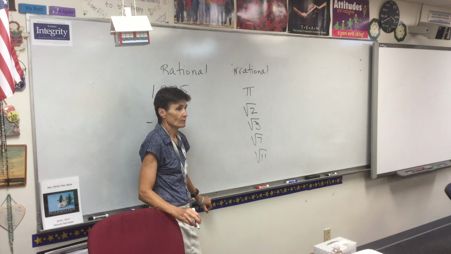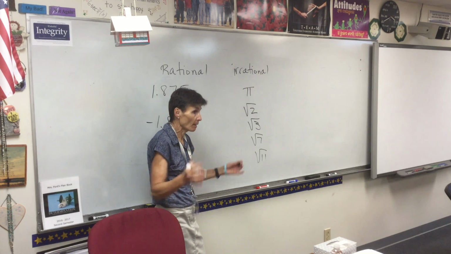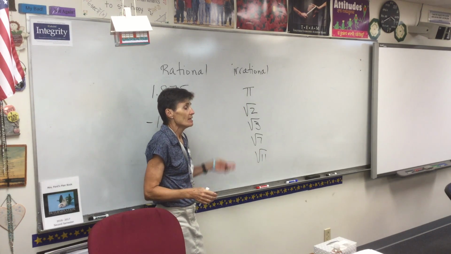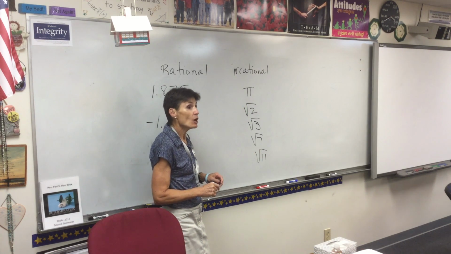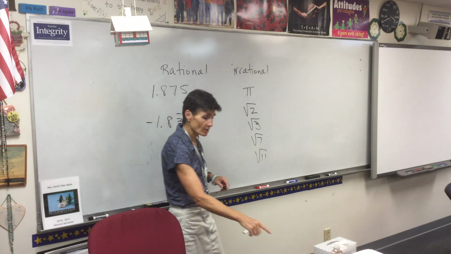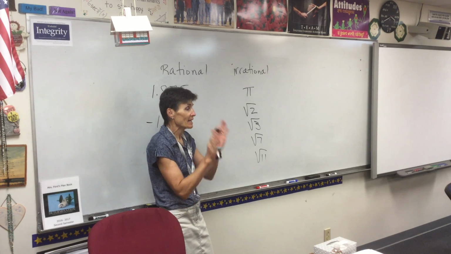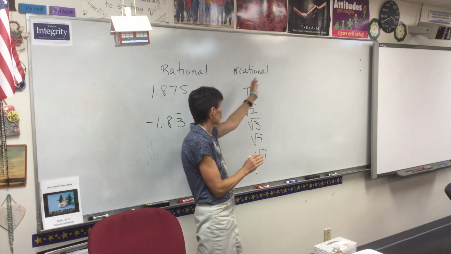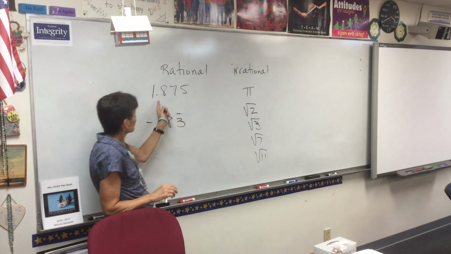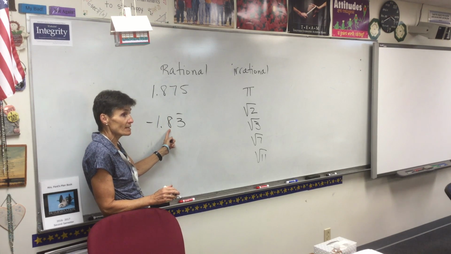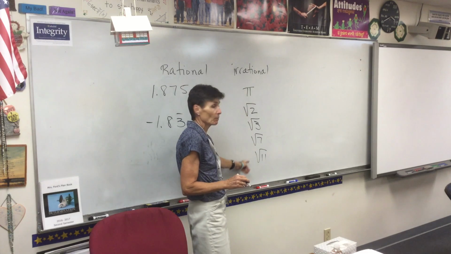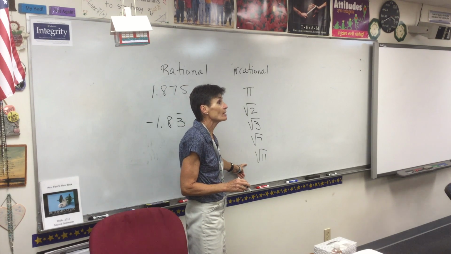Any square root that doesn't come out to be a number like the square root of 9 is 3, anything that doesn't do that is irrational. I know when you type it in on your calculator, it shows you a decimal, but that decimal actually keeps going forever and ever. These are called irrational numbers. If the decimal stops or repeats, it is called rational. If it doesn't stop or repeat, it is called irrational.